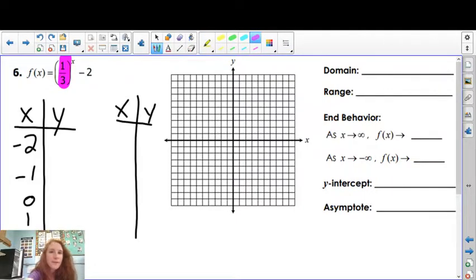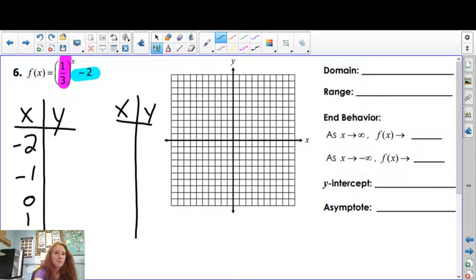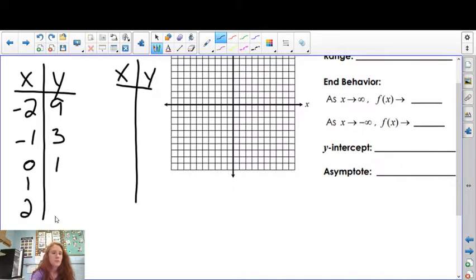My base is 1/3, and the -2 is big, so it's going to go down 2. So I need to take my calculator. 1 divided by 3, remember, fractions are just division problems surrounded by parentheses. So the -2nd power should give me 9. So -1st should be 3. 1.33 and 0.11.